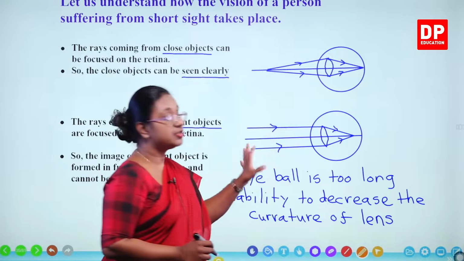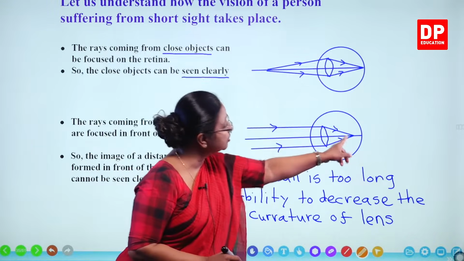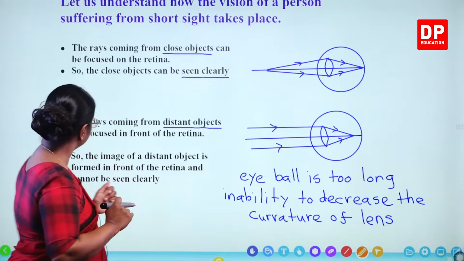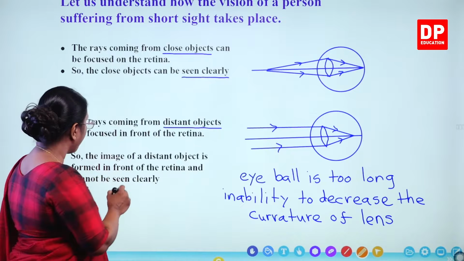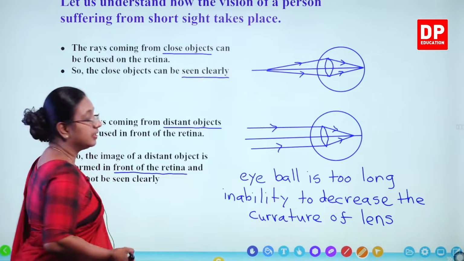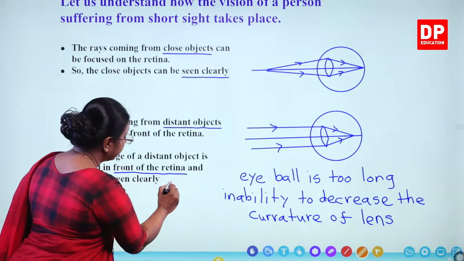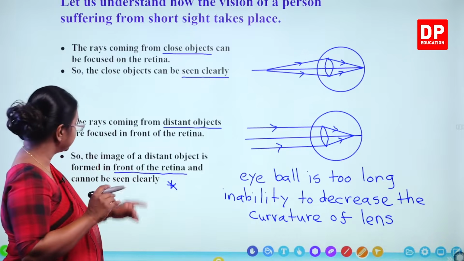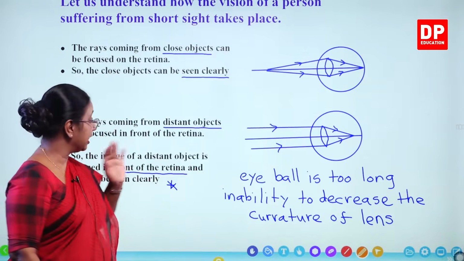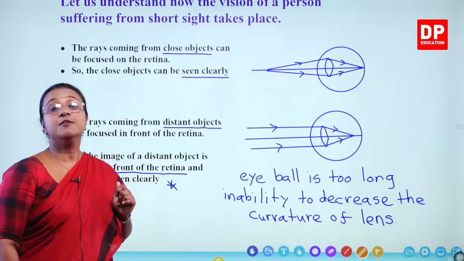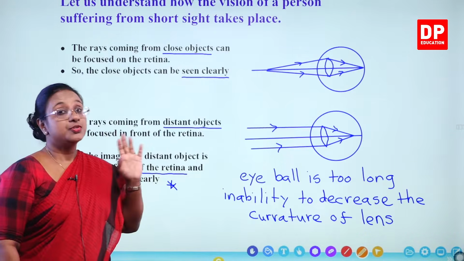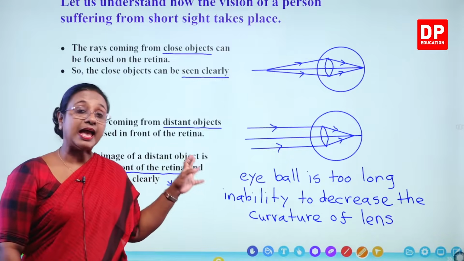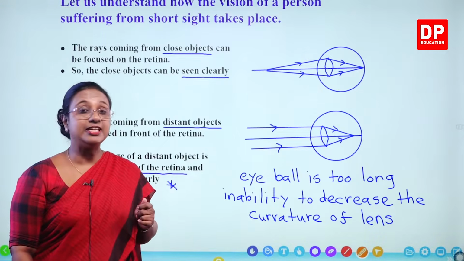So due to these two reasons, the image forms in front of the retina. So the image of a distant object is formed in front of the retina. So that is why the person with short sight is not able to see the far away or distant objects clearly. So as I told you all before, we can correct the short sight as well.